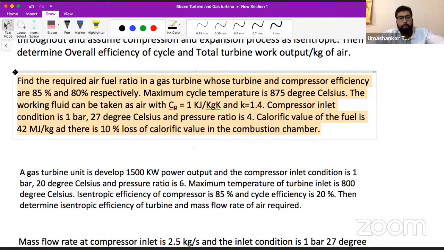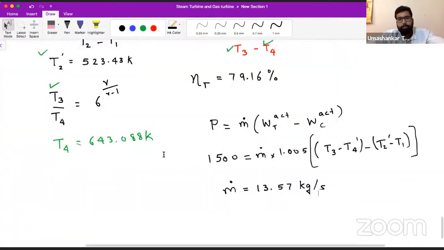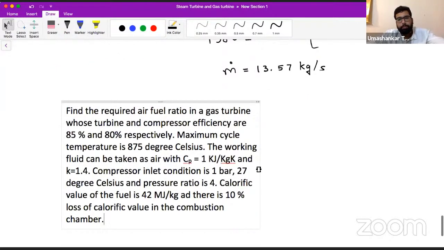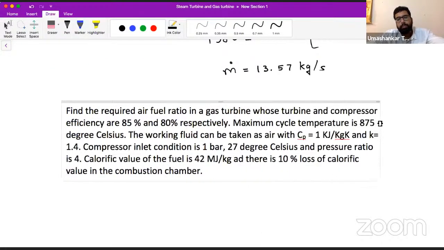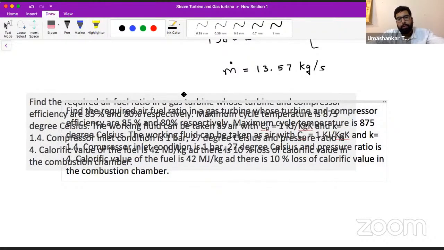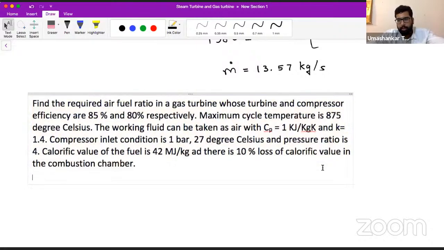Now let's do one more question. Now here is one more question on your screen. I will take a pause here so that all the students who are live can attempt. If the previous question is clear, can you tell me?